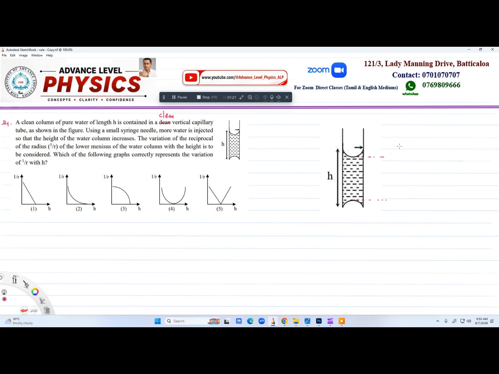This meniscus we can call the upper meniscus, and this is the lower meniscus.